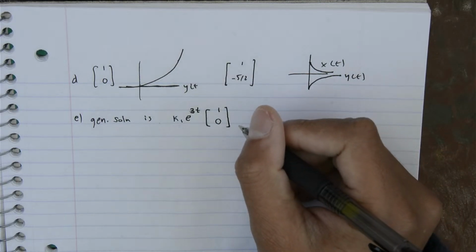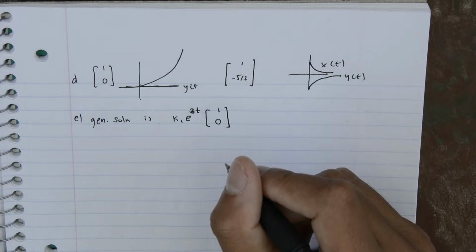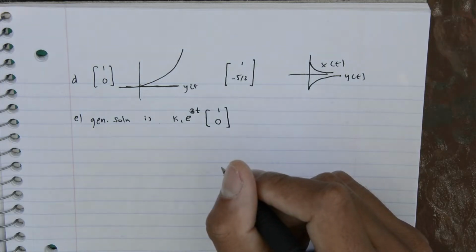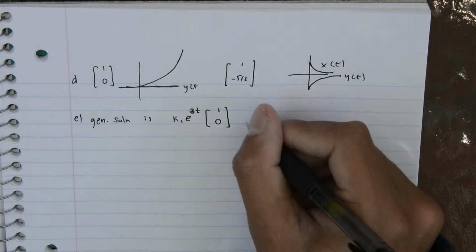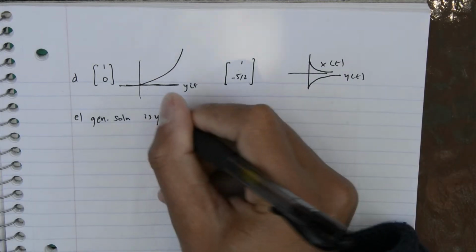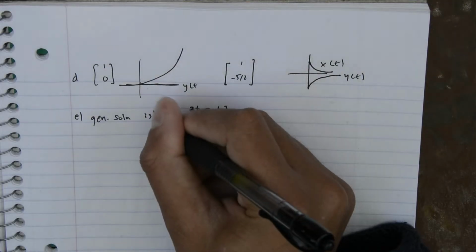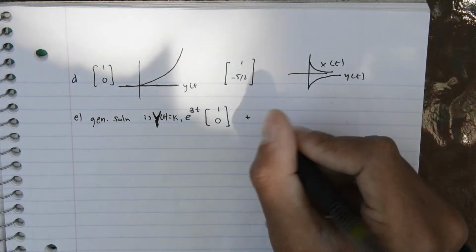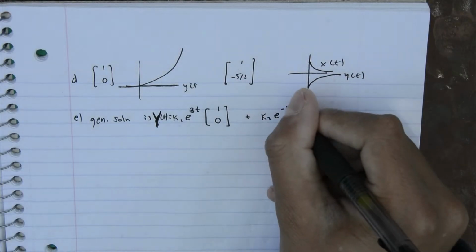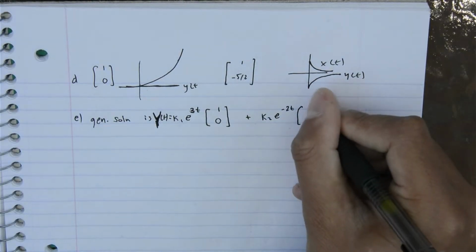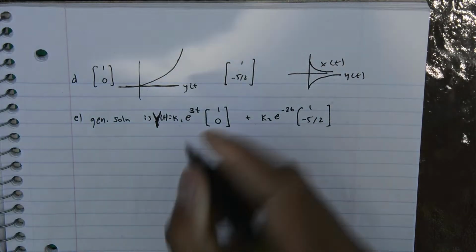But is that right? Is that what we're supposed to do? Yeah. Plus, so this is big Y of t, equal to that. Okay. Plus k2 e to the minus 2t times 1, minus 5 halves. All right, cool.